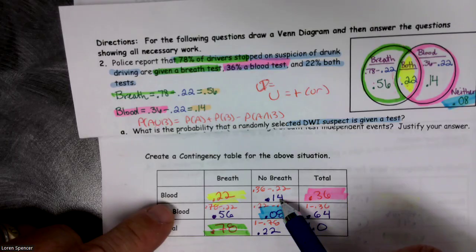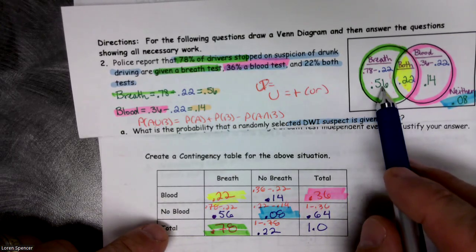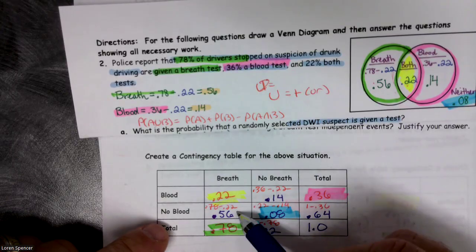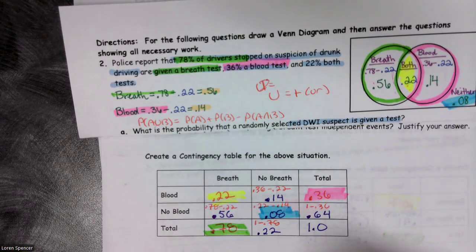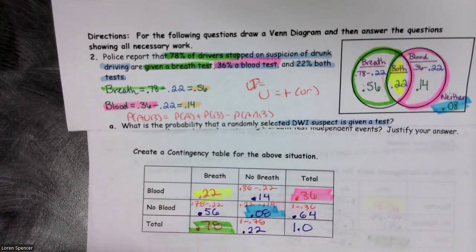Well, look, it matches. This is the probability of giving a breath test, but no blood test. Well, look, breath test, no blood test. It matches. So basically, the table sorts it out exactly with the same information, just a slightly different format than the Venn diagram.